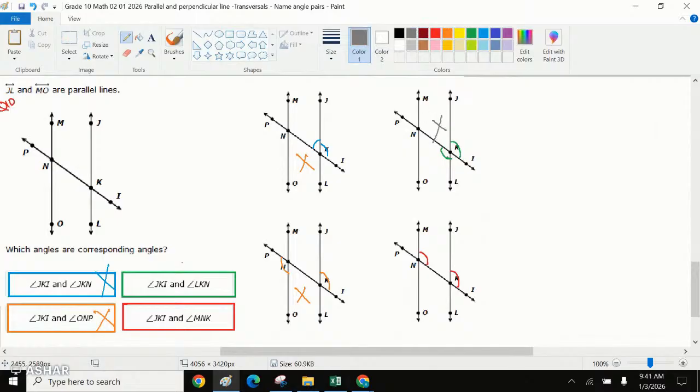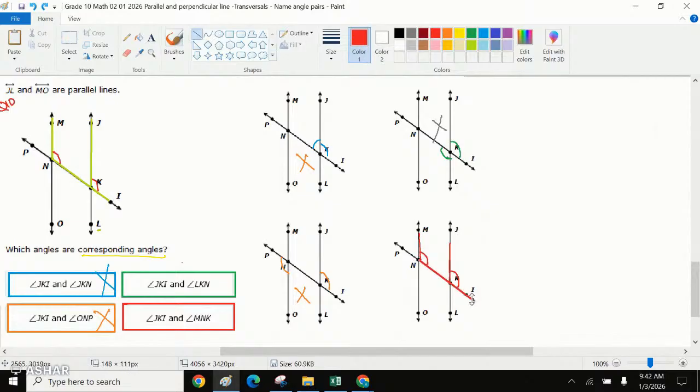No, we cannot. But let's look at the last option. Can we see a formation of the alphabet F in this case? Let's see. I'm doing it on the main diagram. Whenever we have corresponding angles, we try to form the alphabet F. So can we say these two angles are forming a letter F, right?